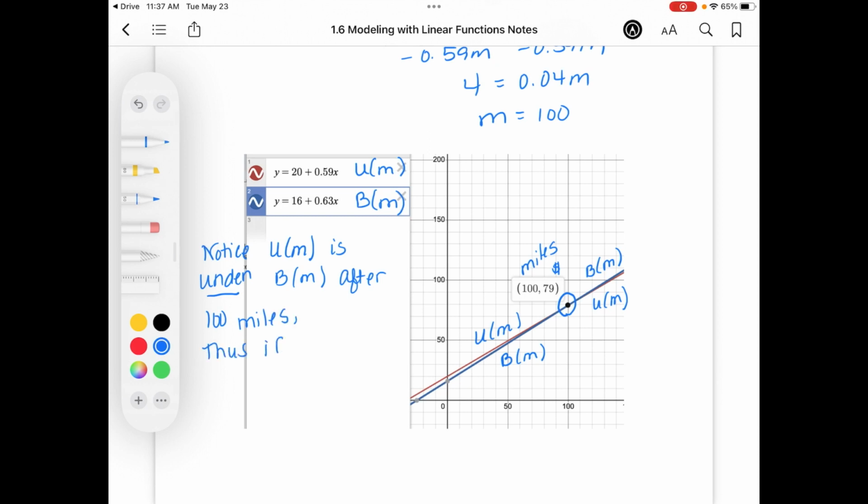Thus, if Jamal has more than 100, not 1,000, 100 miles, we will use U-Haul. If he has under 100 miles to go, we will want to use budget.